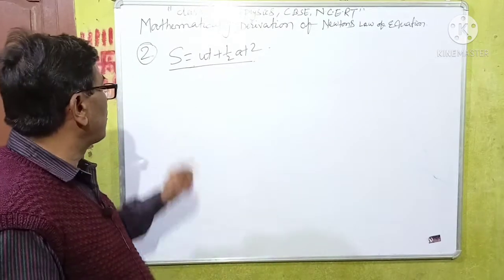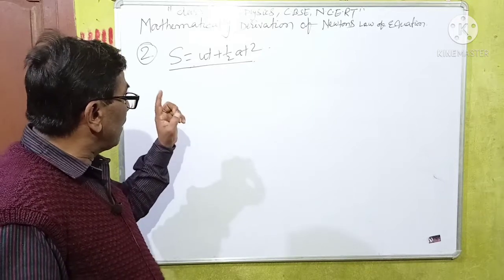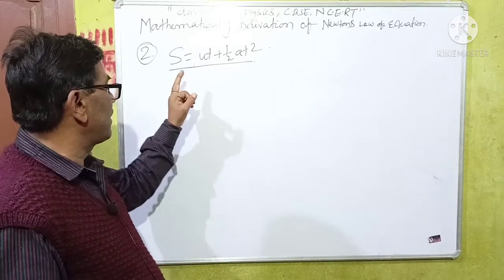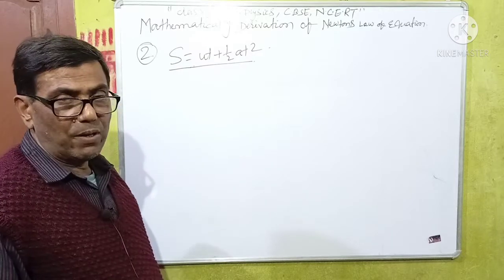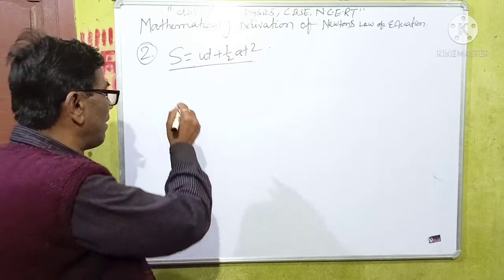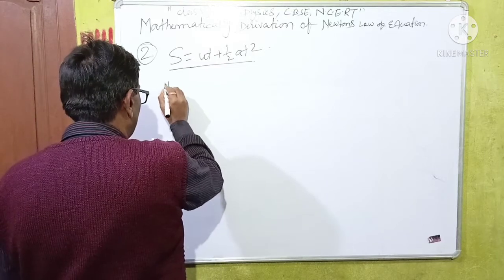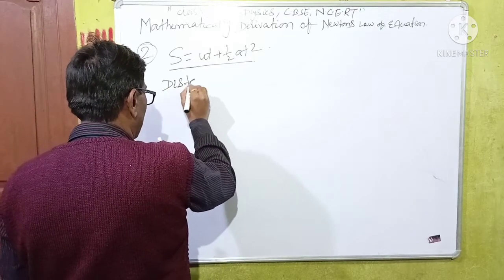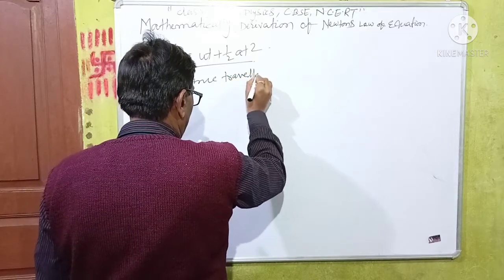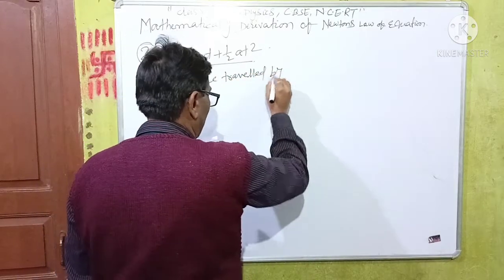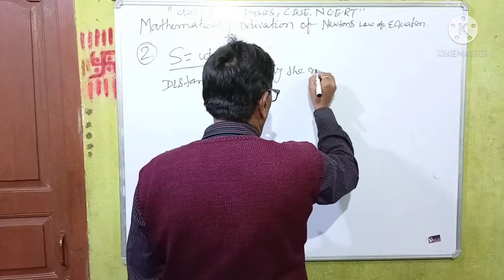Now we shall discuss the second derivation of Newton's equations of motion: s = ut + ½at². We know that the distance traveled by the moving body is equal to the average velocity into the time taken. So what is the distance traveled by the moving body?